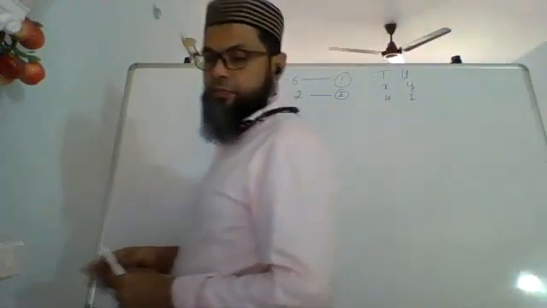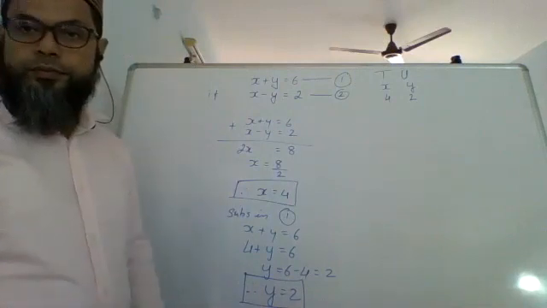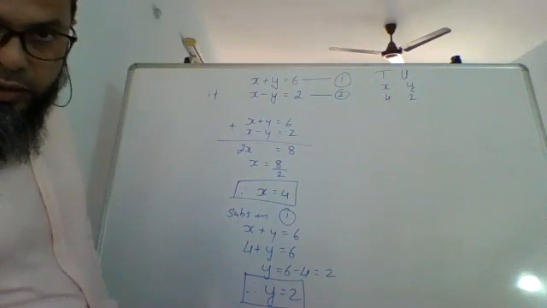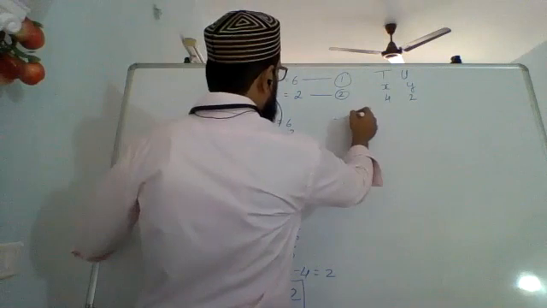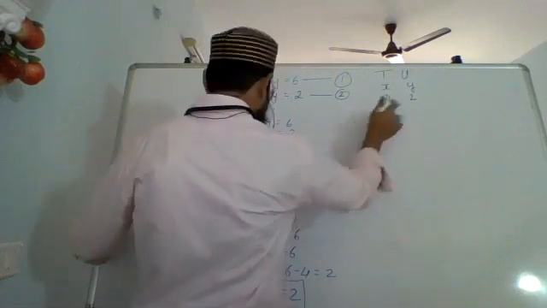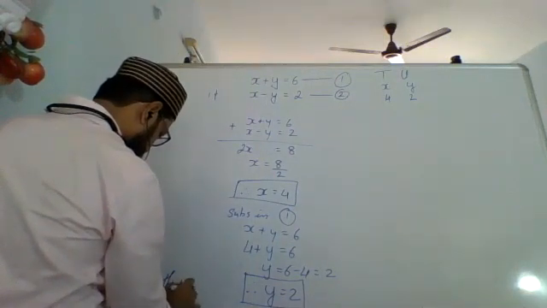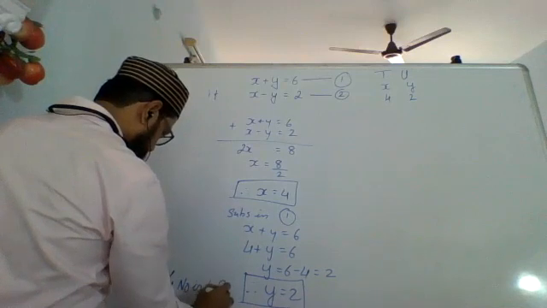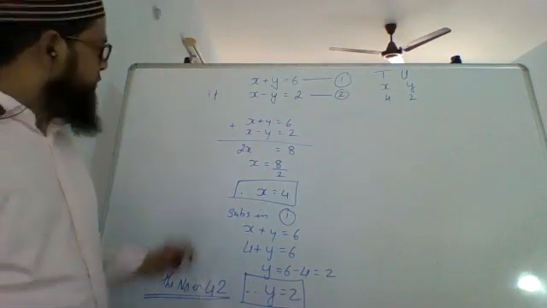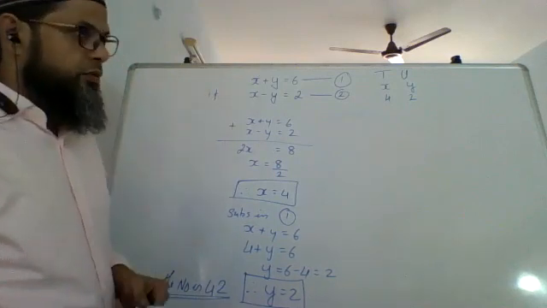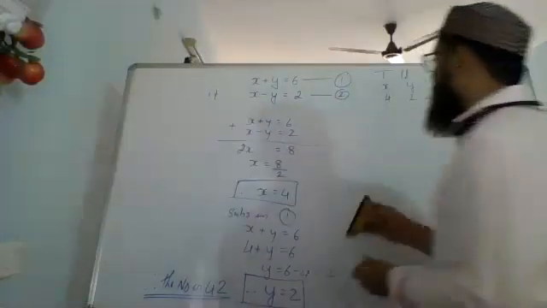Therefore the number is 42. This was when we took x minus y equal to 2.